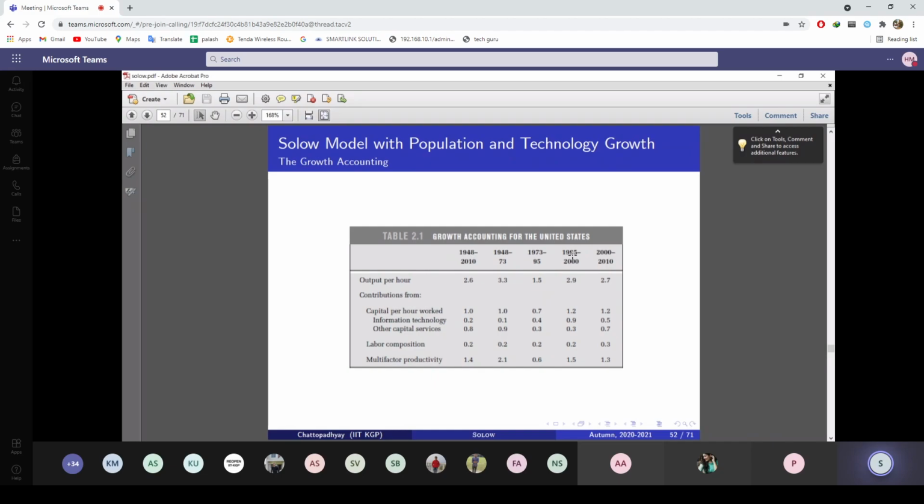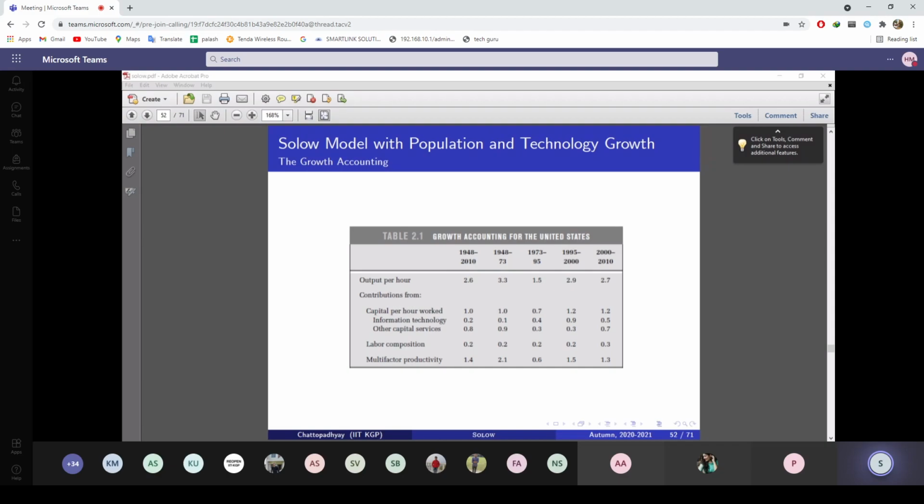Then again from 1995 to 2010, it has increased over time. You also get the contribution of capital and the contribution of labor, the rate of growth of labor and rate of growth of capital, and then we calculate the rate of growth of technological progress in this fashion. So this is how Solow calculated the rate of growth of technology using the growth accounting principle.